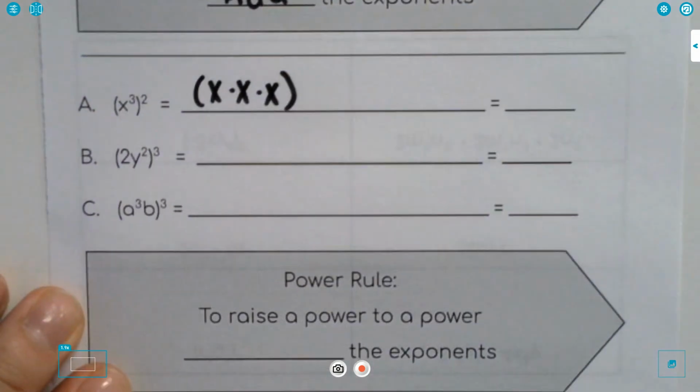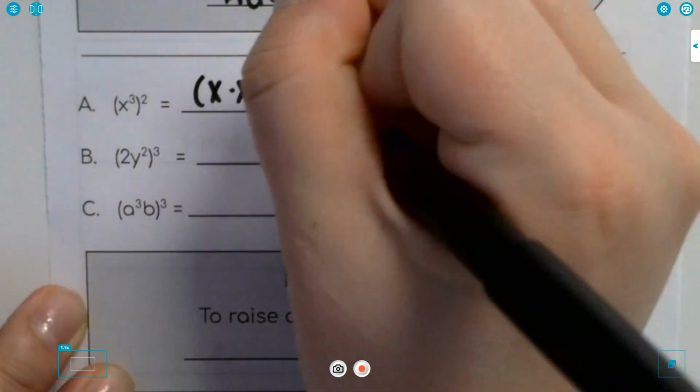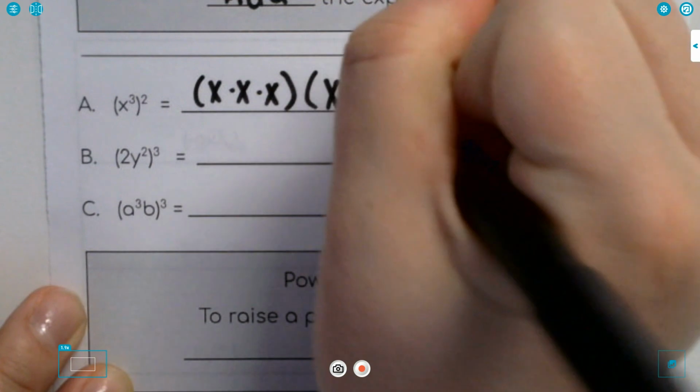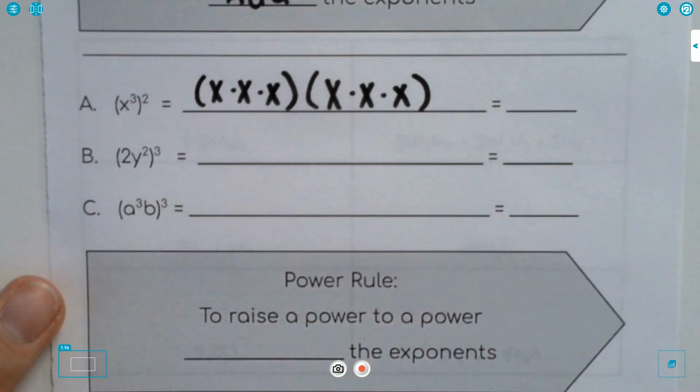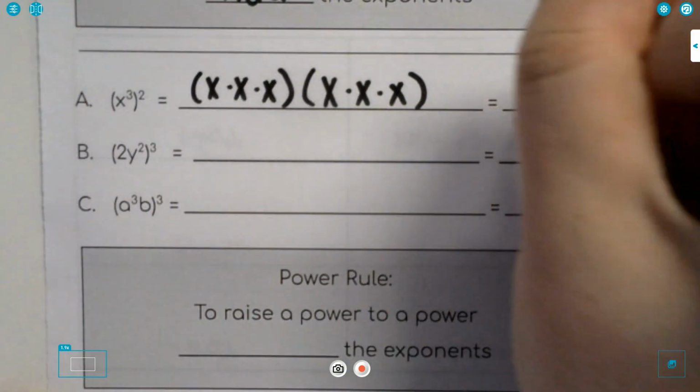That's the first x to the third. And then we're squaring that. So we've got another one of x times x times x. How many x's do I have total there? 6.